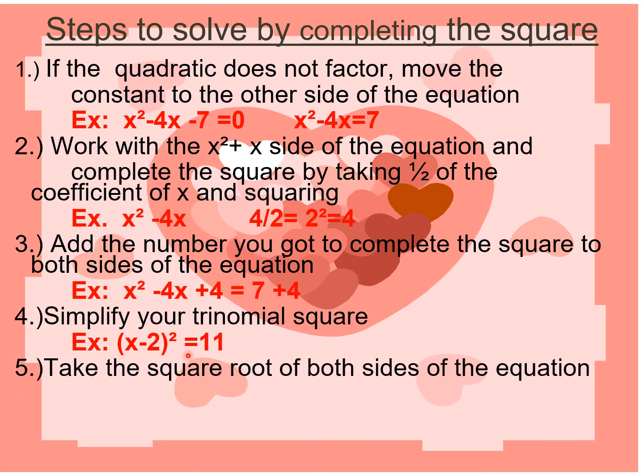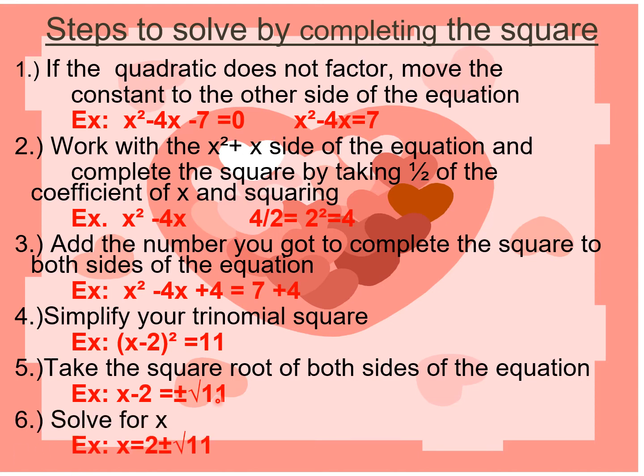Next step, number 5, is to take the square root of both sides of the equation. So, x minus 2 is equal now to, extract square root, plus or minus square root of 11. So, solve for x. Our x value now is, ilipat mo lang yung negative 2 sa kabila, magiging positive 2.